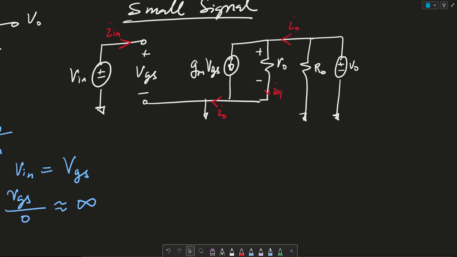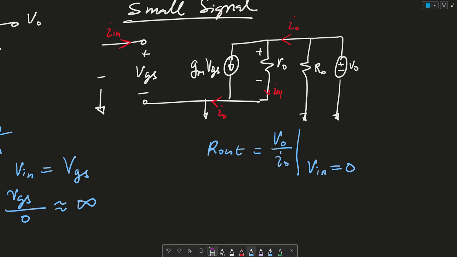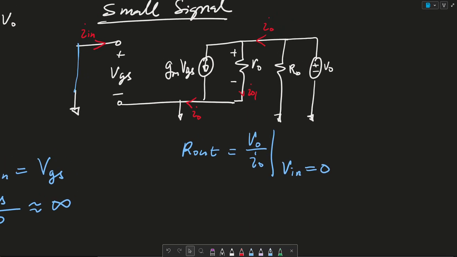We can then go ahead and solve for Rout, where Rout is VO over IO when Vn is equal to 0. So what I'm going to do here is consider a closed circuit here, and we then do a KVL on this loop.